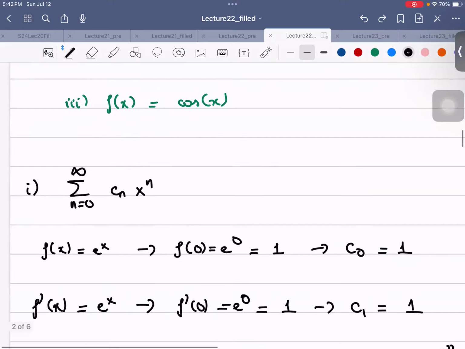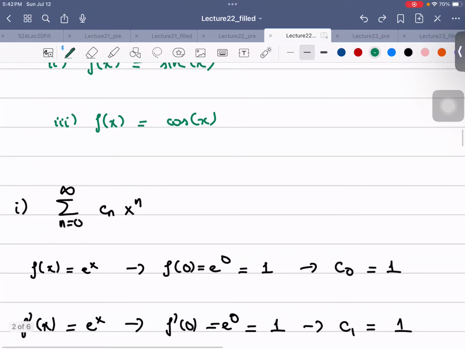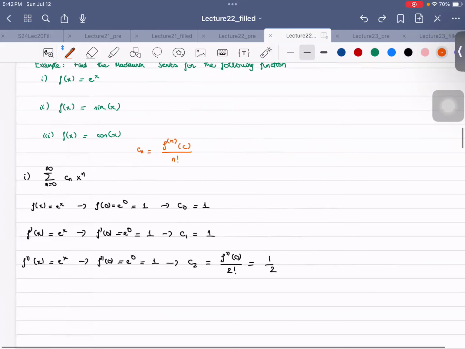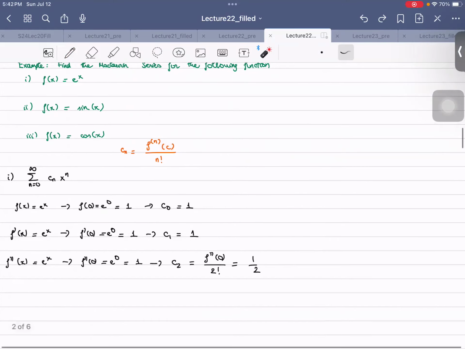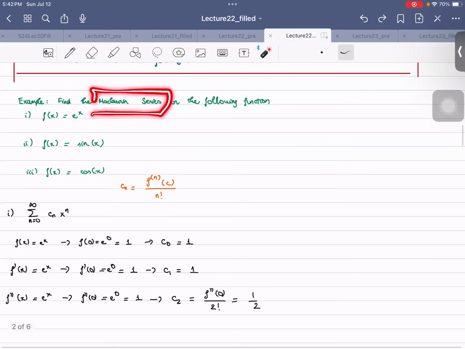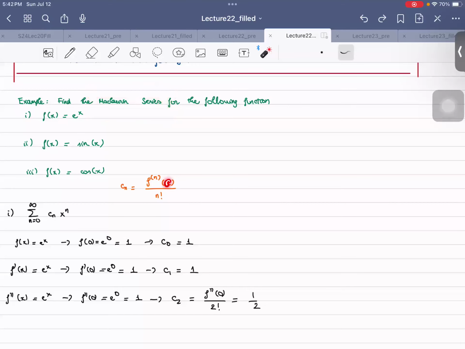Remember that the coefficient Cn is the nth order derivative at c divided by n factorial, where c is the point where you write down your expansion. Over here, the question wants us to write down the Maclaurin series, so c is 0. The center of our expansion is 0.